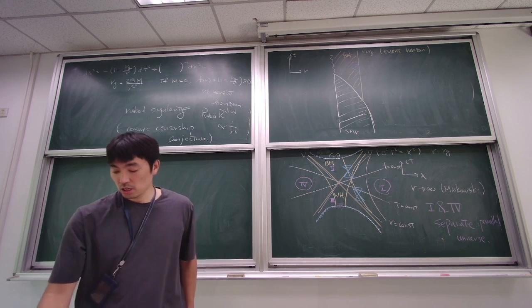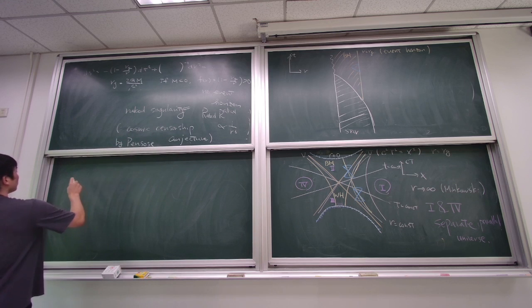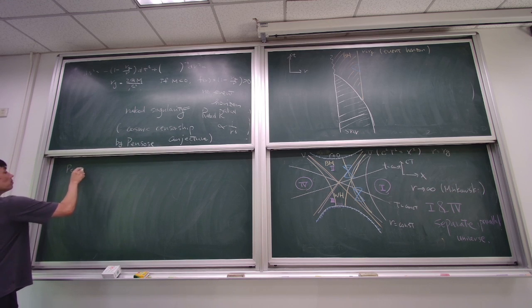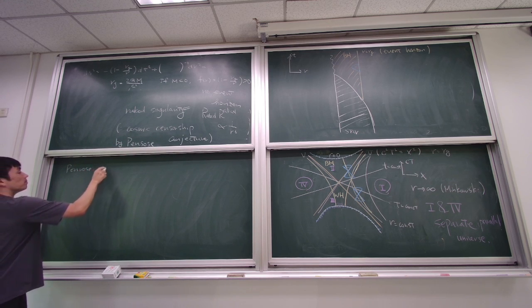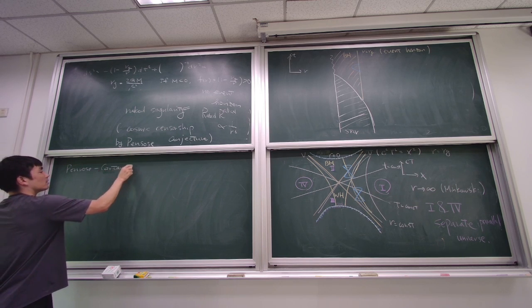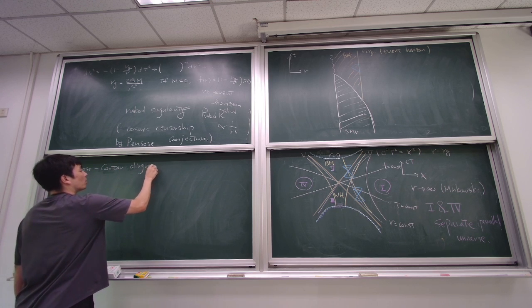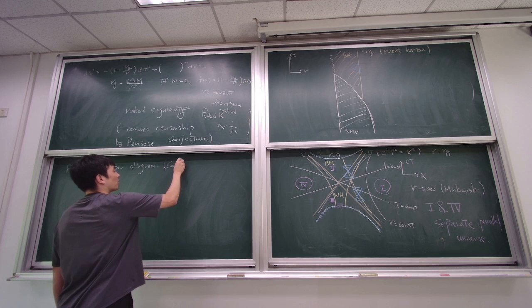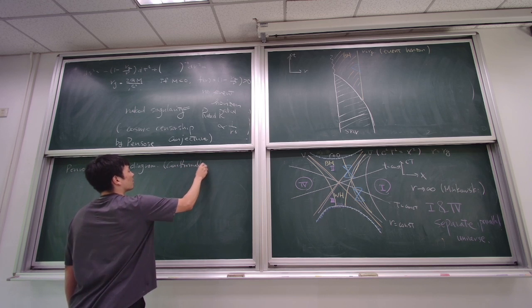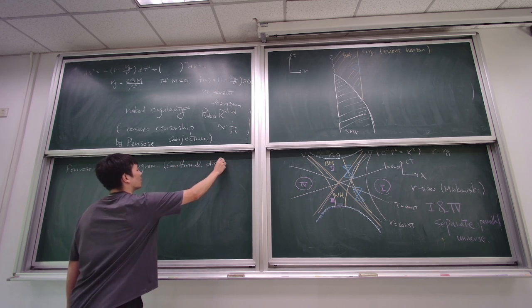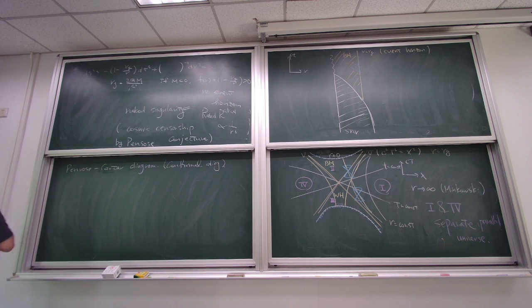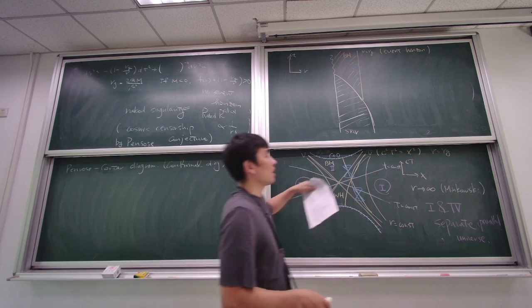Okay, the Penrose diagram, or Penrose-Carter diagram, sometimes called a conformal diagram. What we are going to do is, I'm so stupid, I erased it. The Kruskal coordinate.